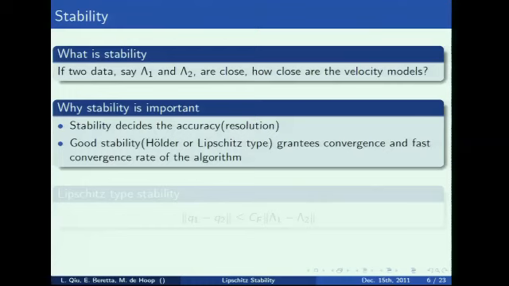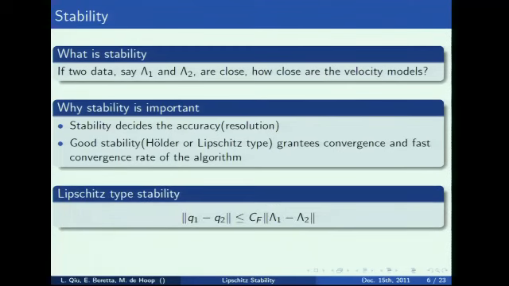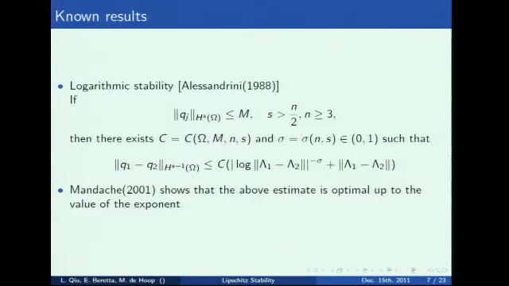So that's why we want to deal with it. We always want to get some good stability here. Okay, the Lipschitz stability. The Lipschitz type stability is something like this. These are two potentials here, and this is the difference of the two data. Then they are related in a linear manner. So this is called Lipschitz type stability.